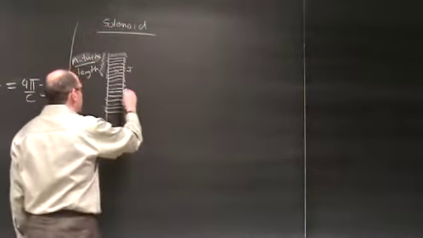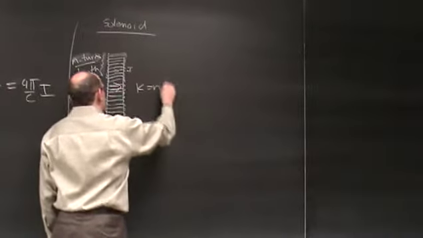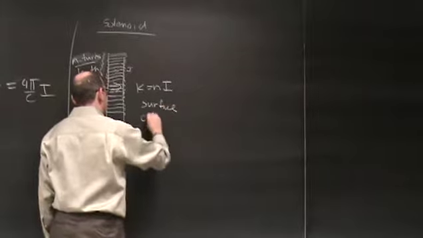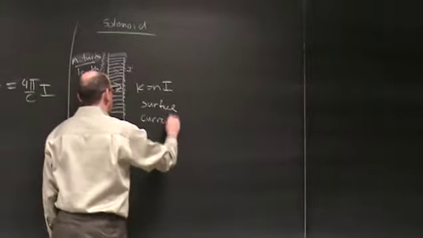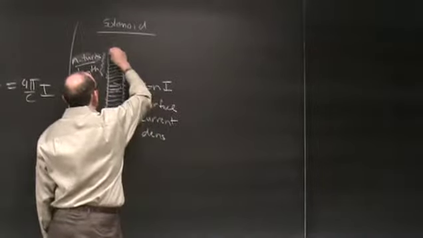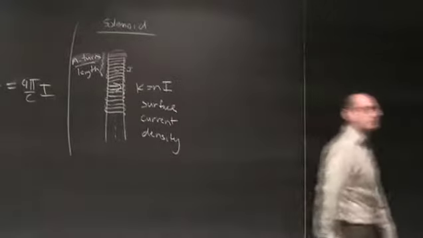So that is around this. I can also think of it as K, the surface current density flowing azimuthally around the cylinder. Okay.